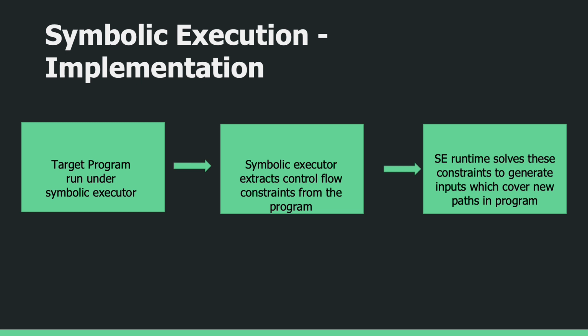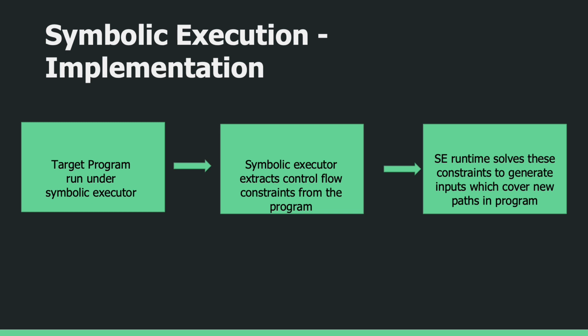So it collects all these constraints and gives them to a symbolic execution runtime, which is nothing but an SMT solver. These solvers are meant to solve such equations or constraints and give us values for all the variables which satisfy these constraints or do not satisfy these constraints. So these runtime solvers generate new inputs which cover new paths in our program, and that is the job of the symbolic execution runtime.